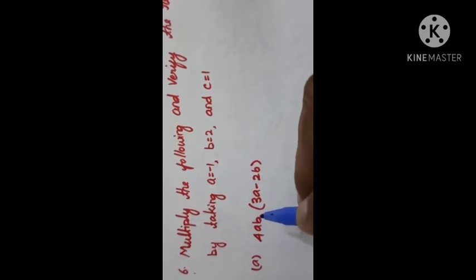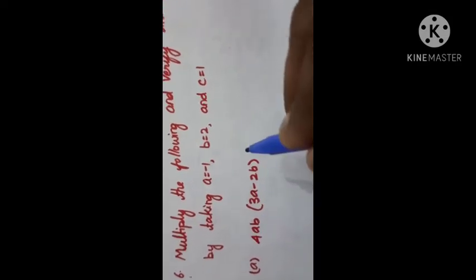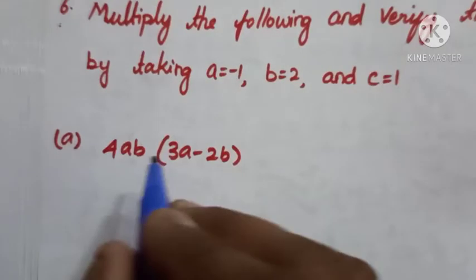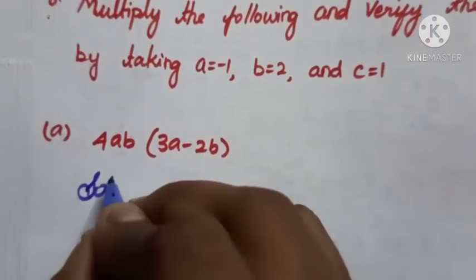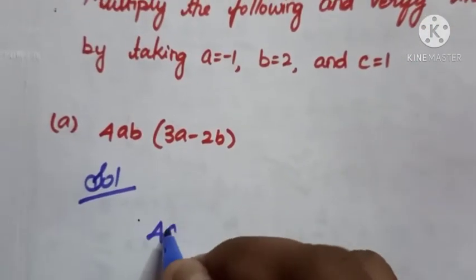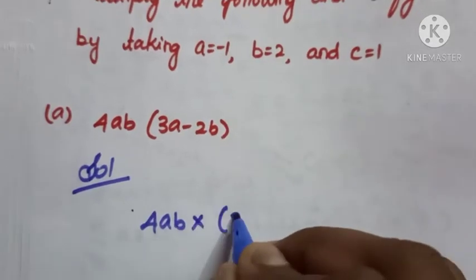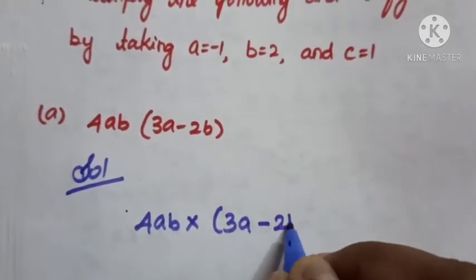After multiplying, in the final solution we need to substitute the constants instead of the variables and find the value. So the first question: 4AB into (3A minus 2B). Already we discussed how to multiply a monomial by a binomial, so we move directly to the solution. 4AB is multiplied with 3A minus 2B.